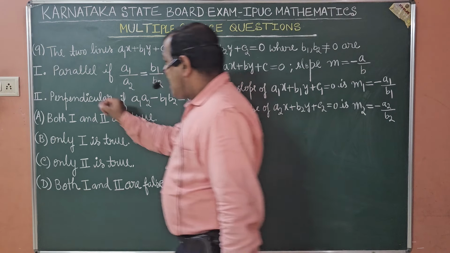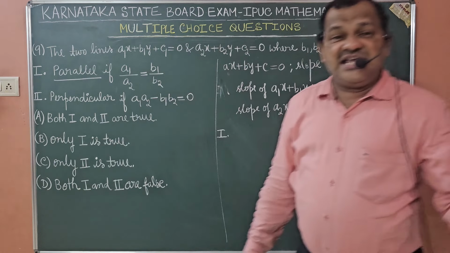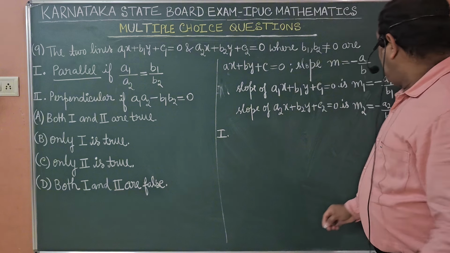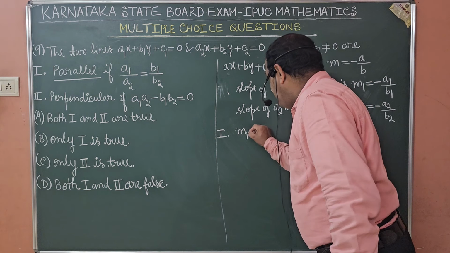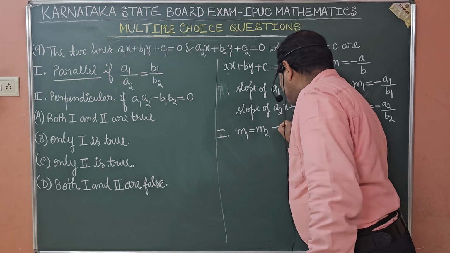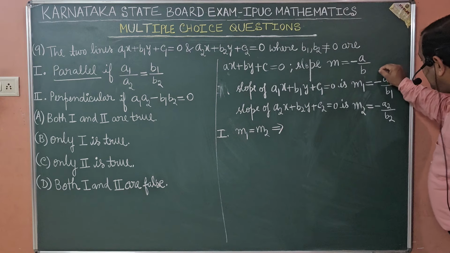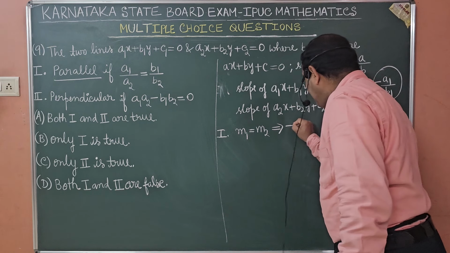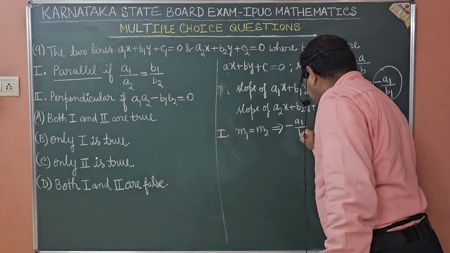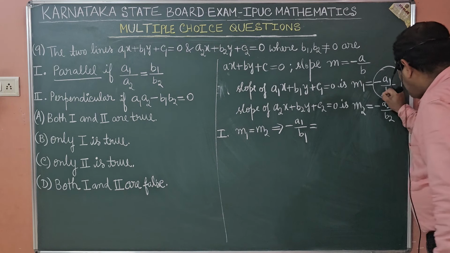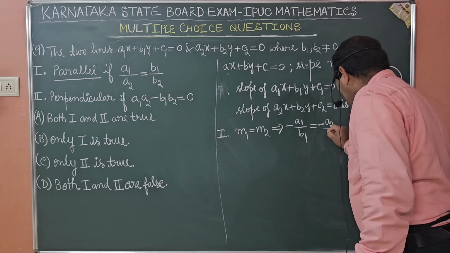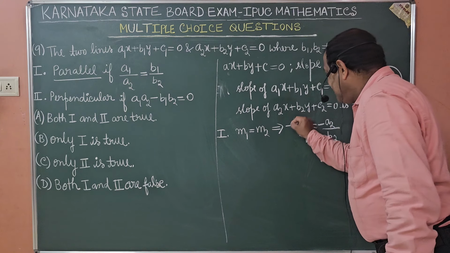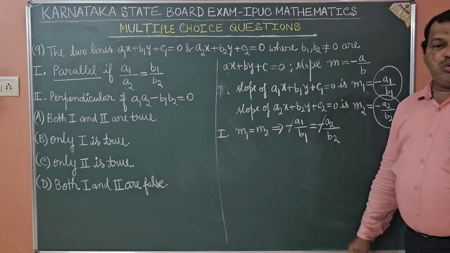If the lines are parallel, then their slopes are equal. Therefore, m1 = m2. This implies -a1/b1 = -a2/b2. The minus gets cancelled on both sides.